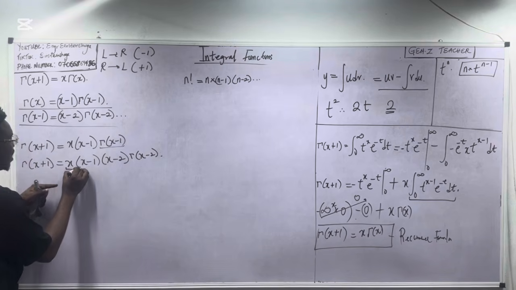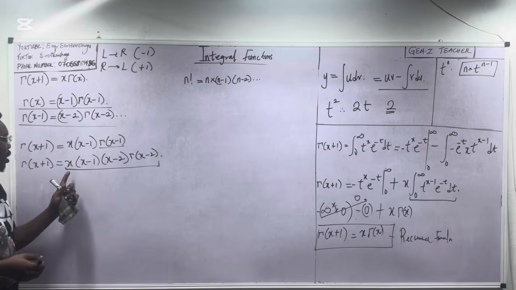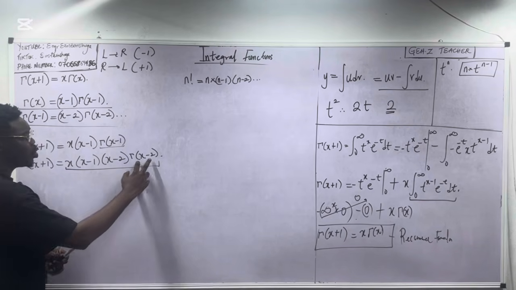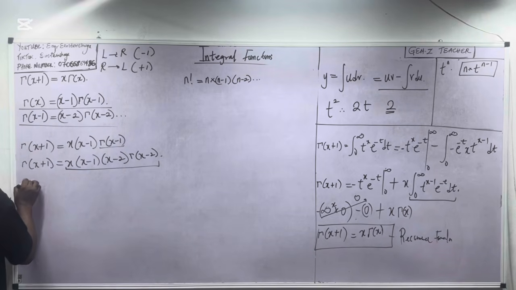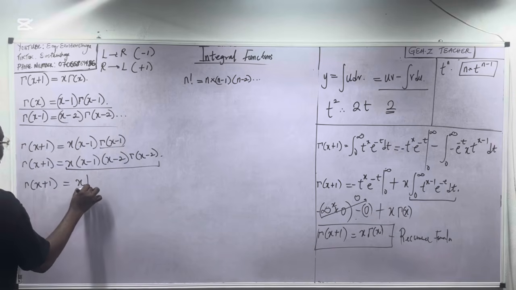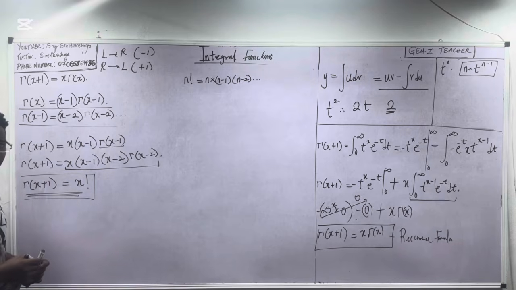So this is a recurrent structure. It is reoccurring, and we can call this guy basically x factorial because this will go on until you get 1. So I can just say it means that the gamma of x plus 1 can just be written as x factorial. So this is how you relate gamma function with factorial.